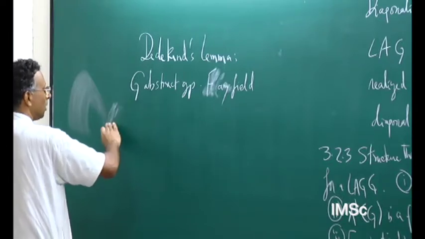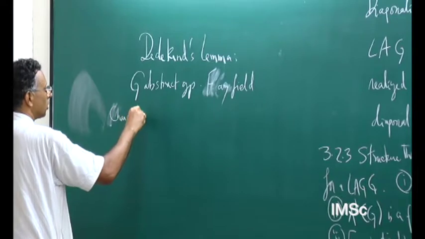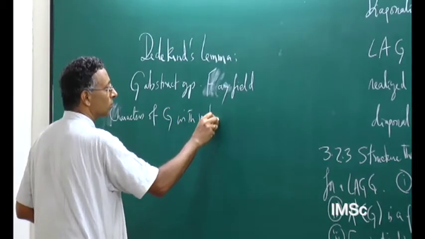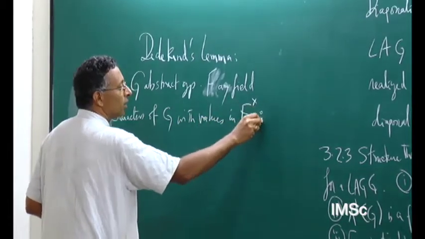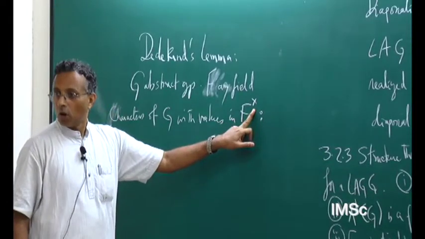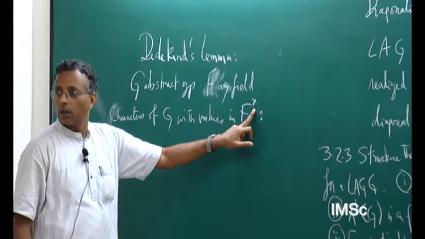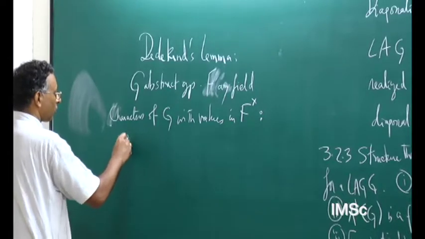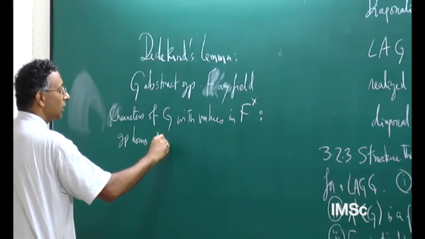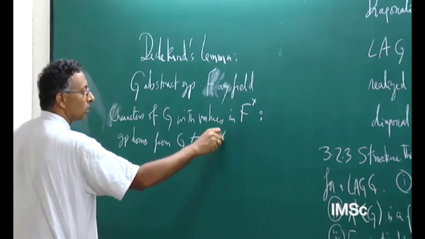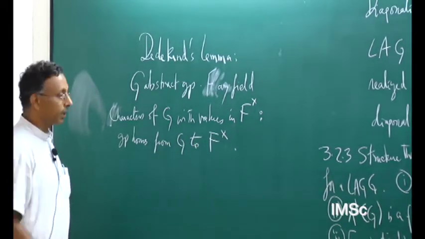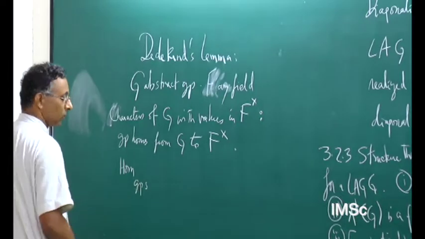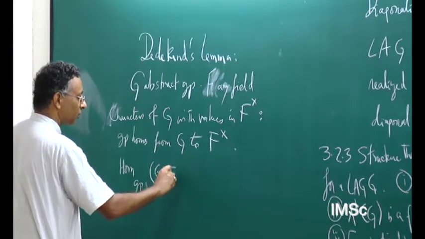The characters of G with values in F, this means in the non-zero elements of F, which form an abelian group under multiplication, are just group homomorphisms from G to F star.